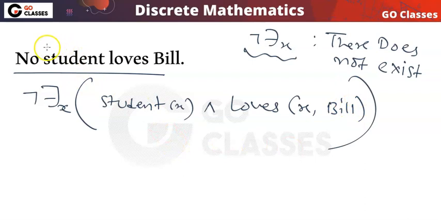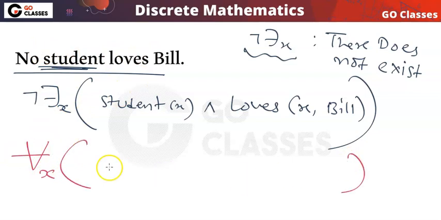Because you can notice this is saying no student loves Bill. It means there does not exist X who is a student and who loves Bill. There does not exist such a student. There is another way. What we can say, no student loves Bill. It means for all X, if X is a student, then X does not love Bill.